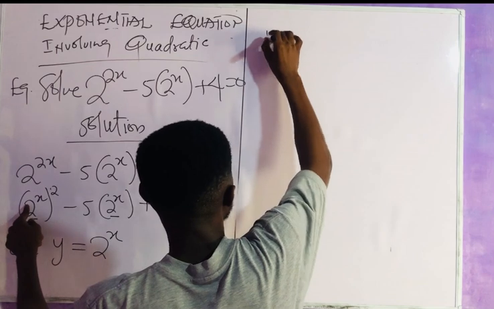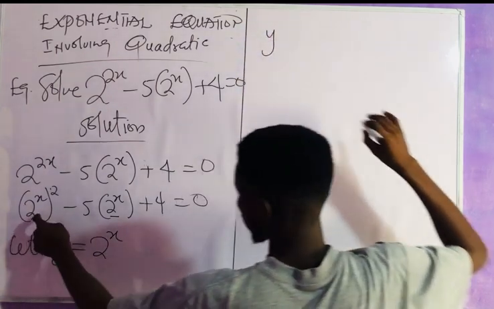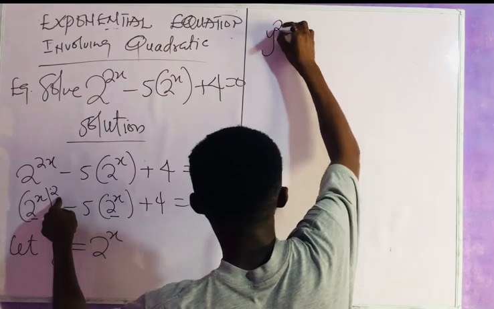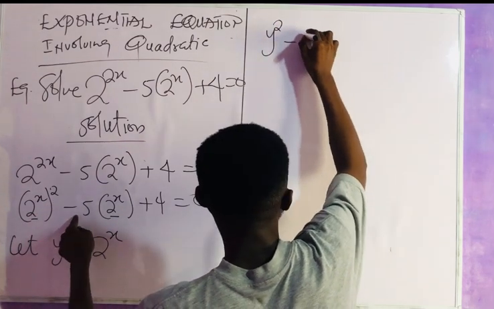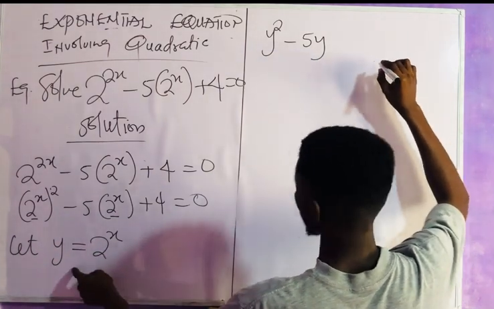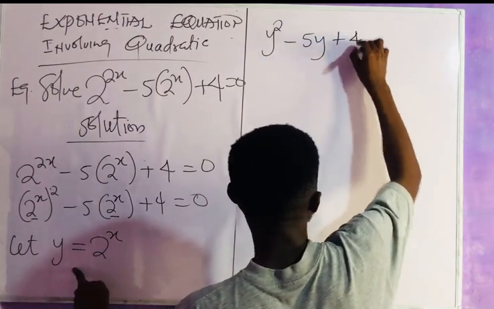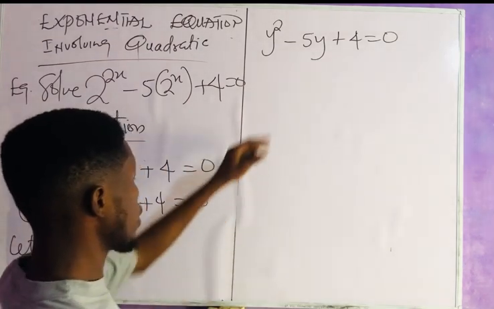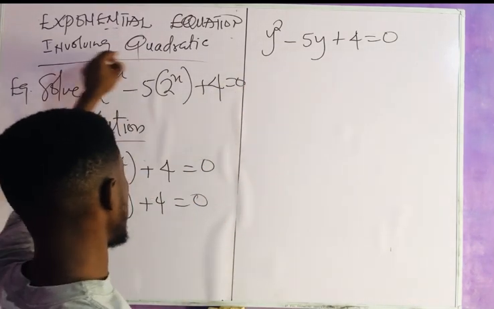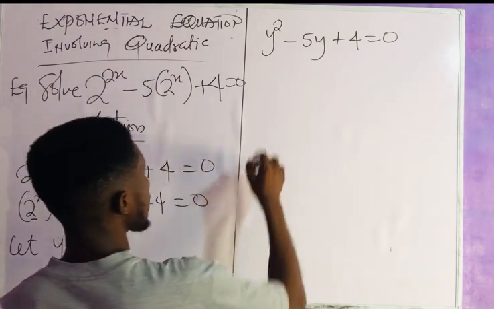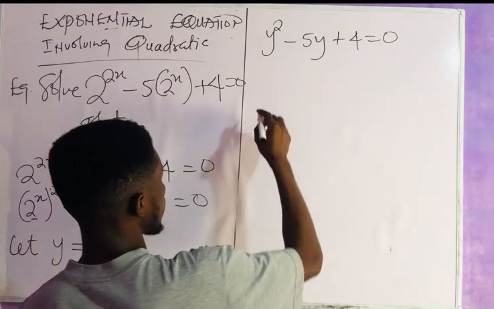So from here, I'll have y squared minus 5y, where 2 to the power x is now y, plus 4 equals 0. So we see that we have a quadratic here. That's why we are saying that it is involving what? Quadratic. Since we have our quadratic here, I prefer to use the almighty formula.